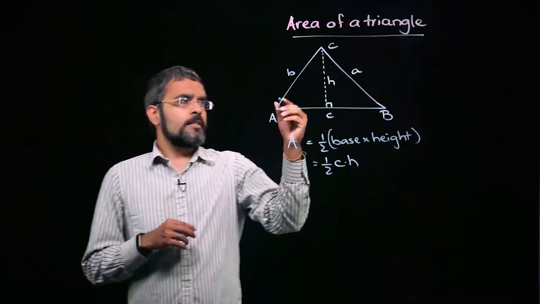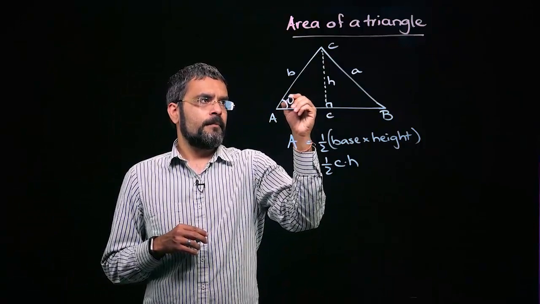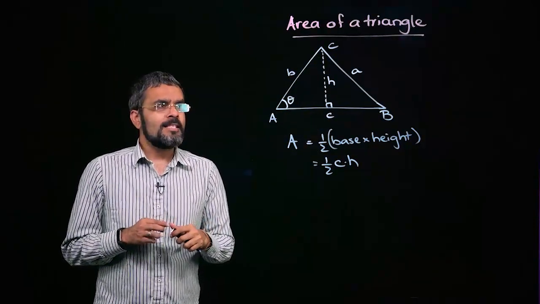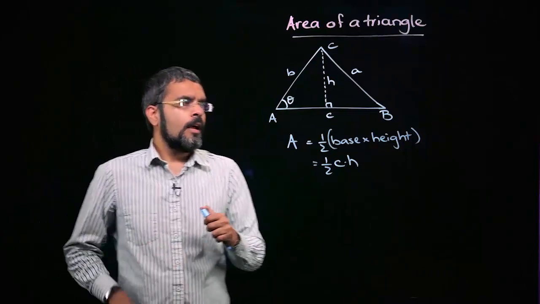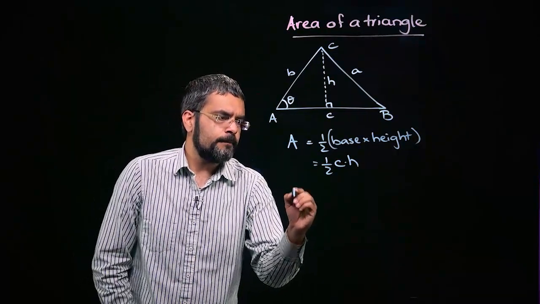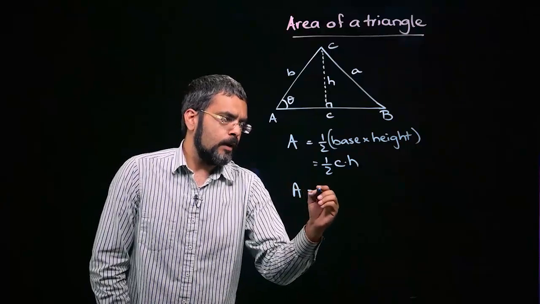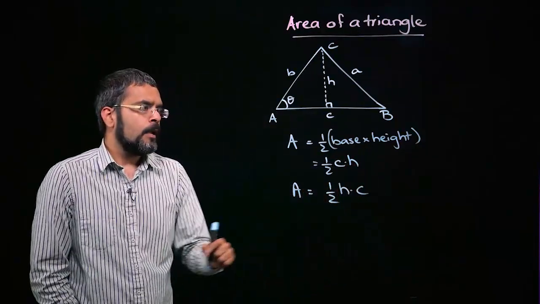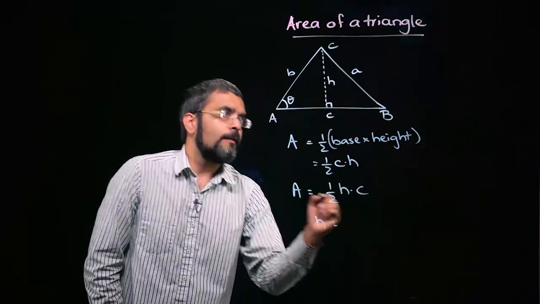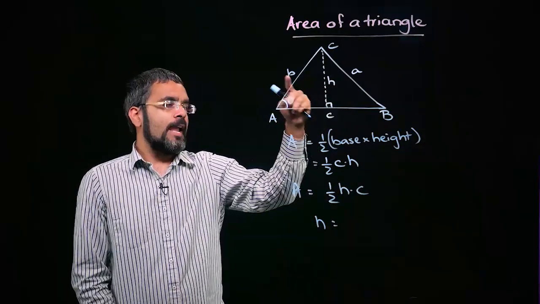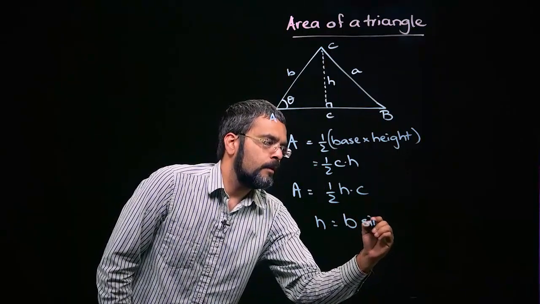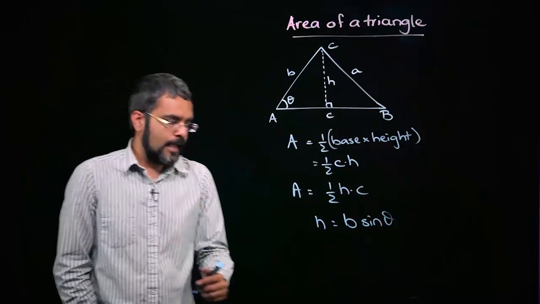Let's say I was given this angle theta. So in this case, what do I know? Well, I know that area is again 1/2 base times height, so H times C. But this H, if you remember, how do I write this H? This H is nothing but B sine theta, or B sine A for us.